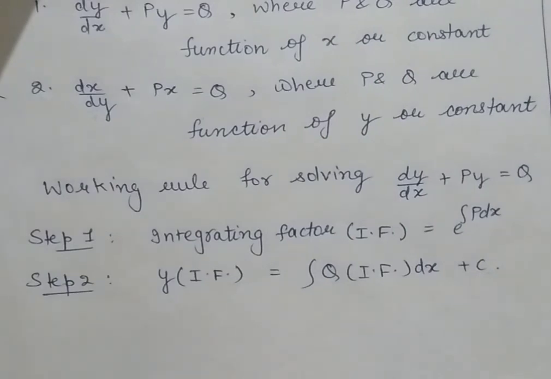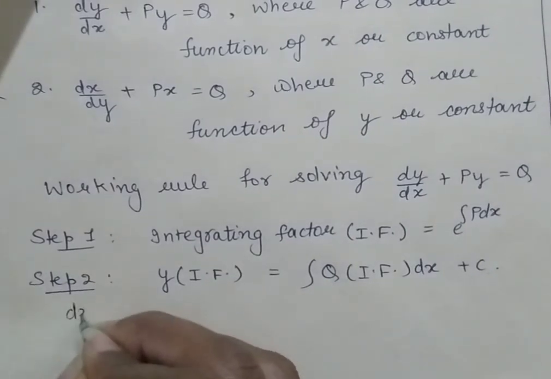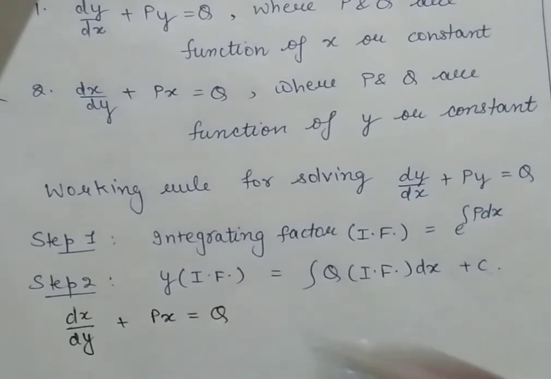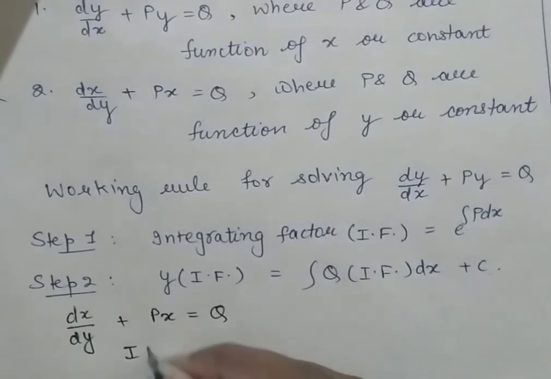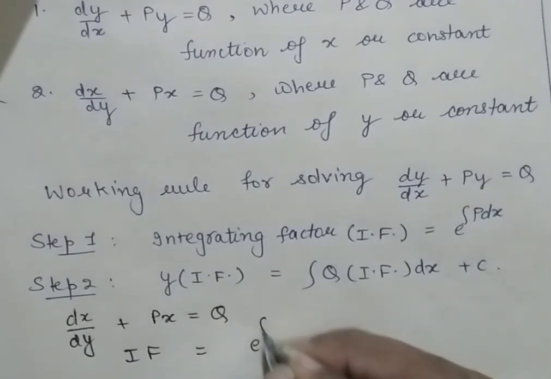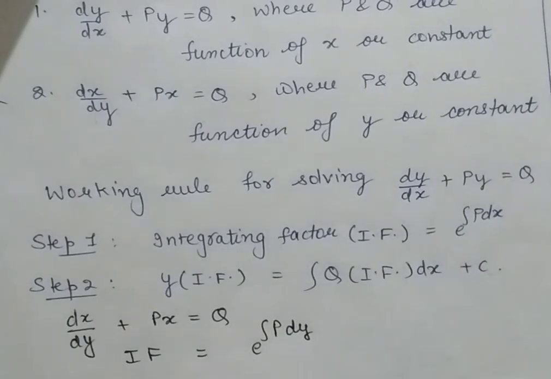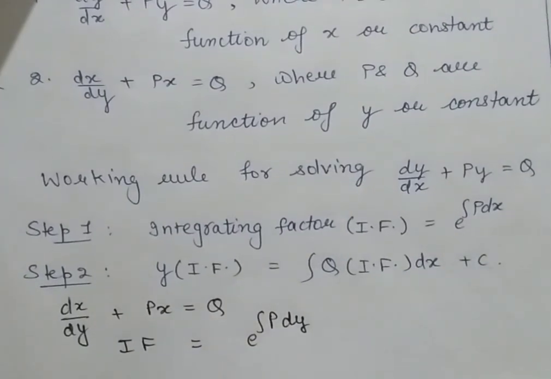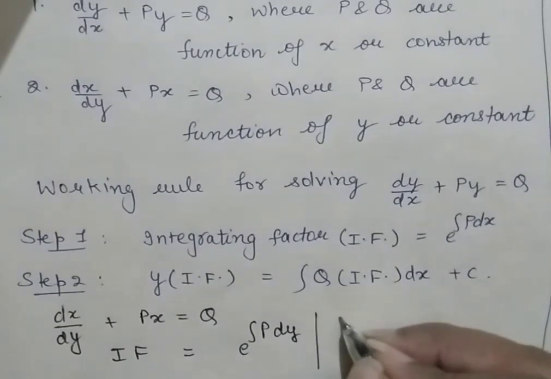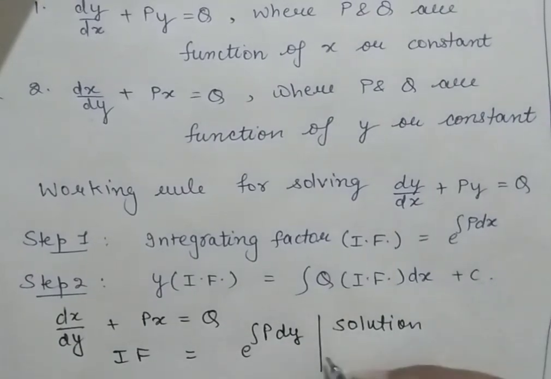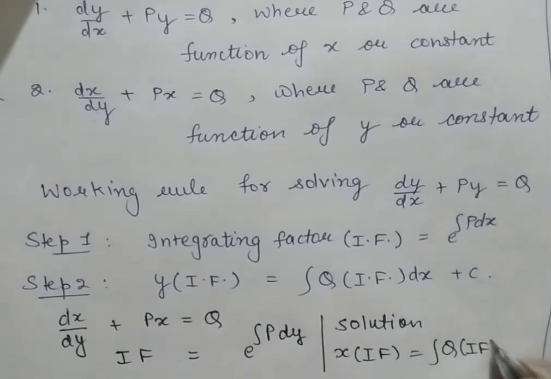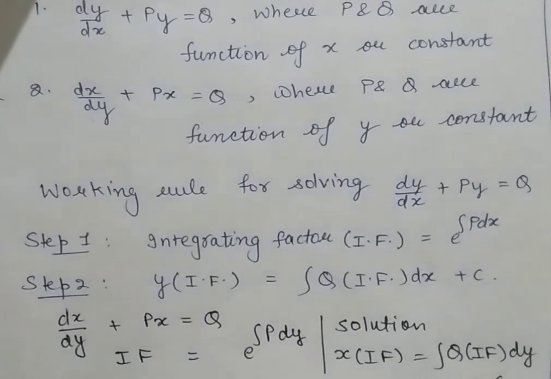And if we have an equation of the form dx by dy plus px equal to q, then the integrating factor is e raised to the power integral p dy, and its solution will be given by x multiplied with integrating factor equal to integral q into integrating factor dy plus constant c.